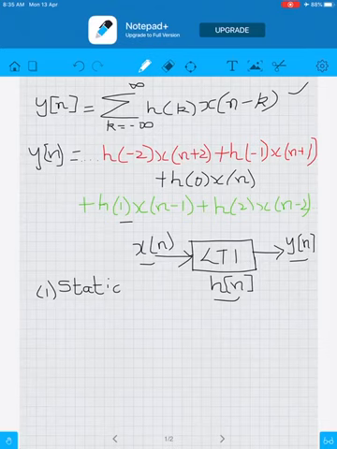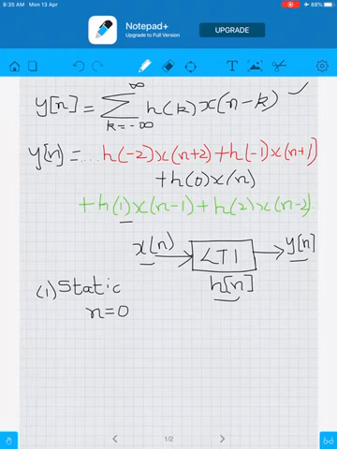So now let us go back to this equation. As per that definition, I have y of n is equal to h of minus 2 into x of n plus 2 and so on up to h of 2 into x of n minus 2. It continues like that. Suppose I am interested in determining the output at n is equal to 0.